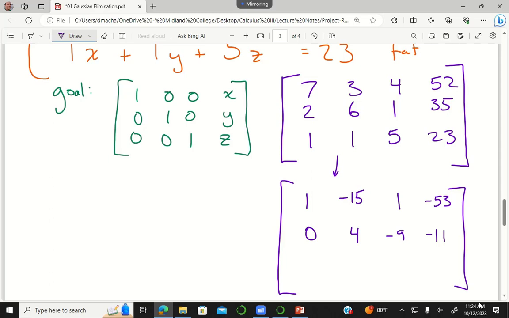So 1 minus 1 is 0. 1 minus negative 15 is going to be 1 plus 15. 5 minus 1 is 4. And 23 minus negative 53 is going to be 76. Yeah, please stop me if I make a mistake, because there's so much adding and subtracting and multiplying. It's very easy to make a mistake here.